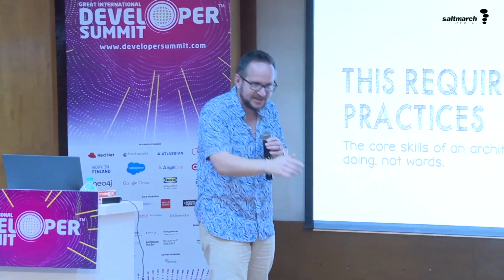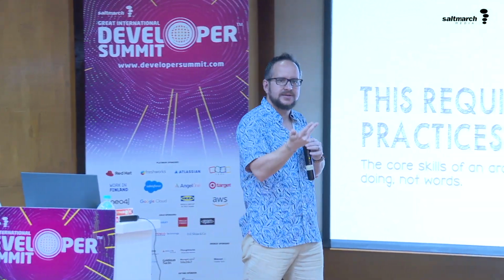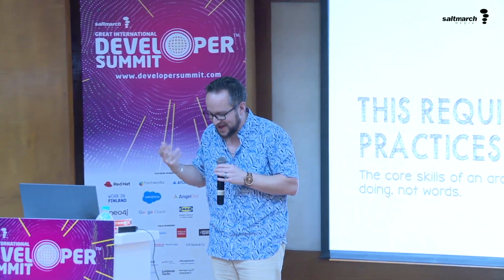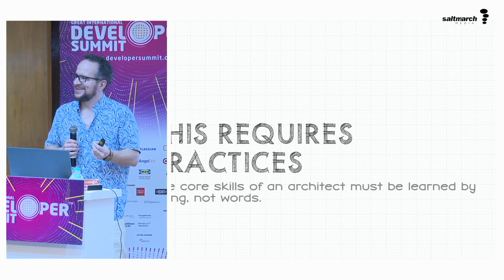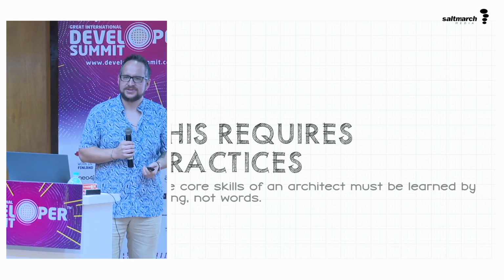I certainly see this a lot in the US: somebody comes in, designs an architecture, 18 months later they're hopping to the next job. They design another architecture, and then 18 months later, they're hopping to another job. They design an architecture every 18 months, and they never find out if it was good or bad, if it delivered value or not. But who needs that, right? It's an art. It's difficult, it requires practice.